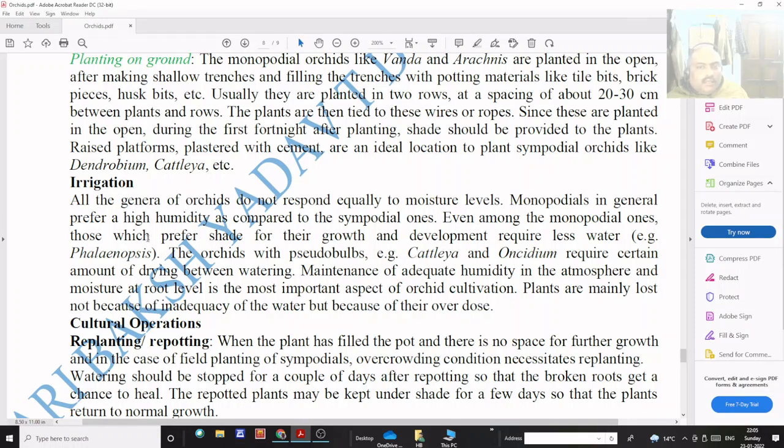Maintenance of adequate humidity in the atmosphere and moisture at root level is the most important aspect of orchid cultivation. Plants are mainly lost not because of inadequacy of moisture, but because of overdose of moisture, that is over application of irrigation water.